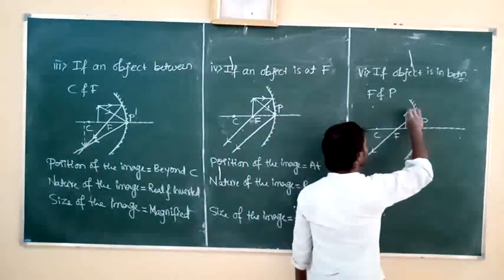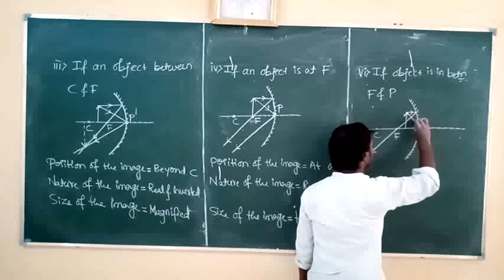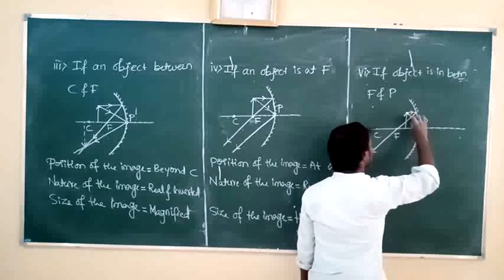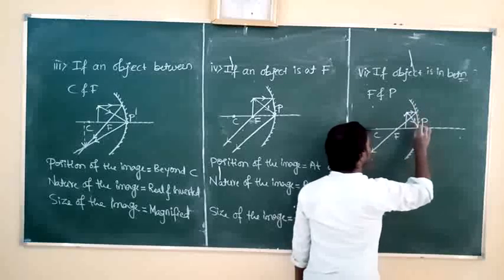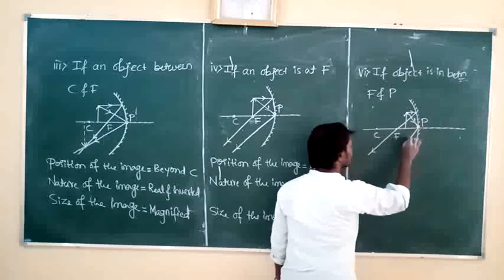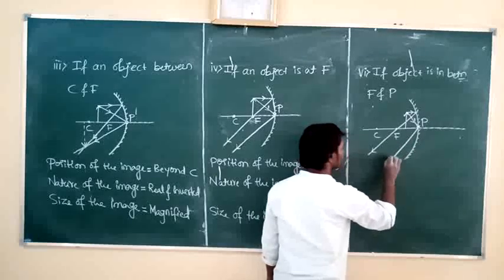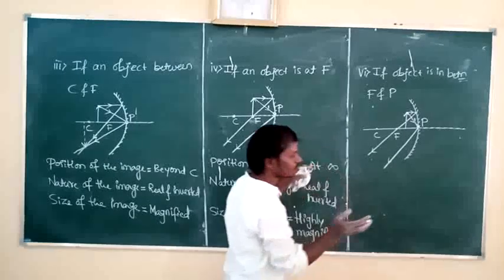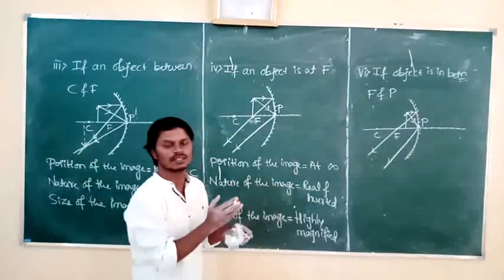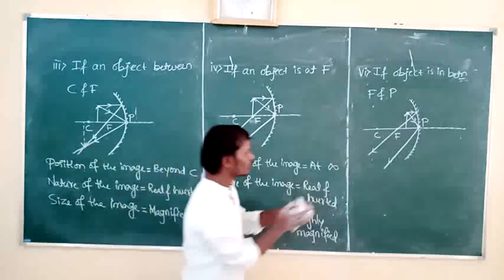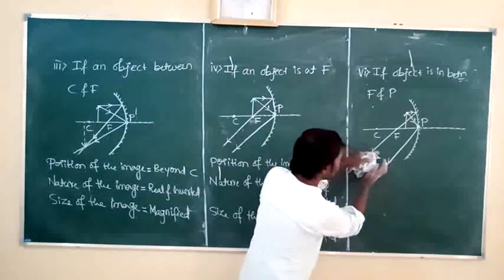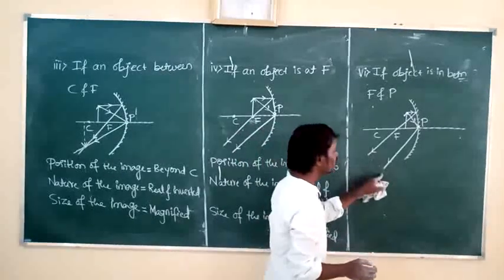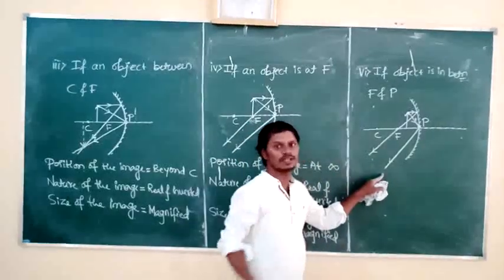Next one, the second incident ray, which is incident at the pole. How is it incident here? It is incident obliquely, and it reflects obliquely. Here, these reflected rays appear to be divergent. They will not converge in front of the mirror. Divergent means separating. These divergent rays appear to have come from a point.